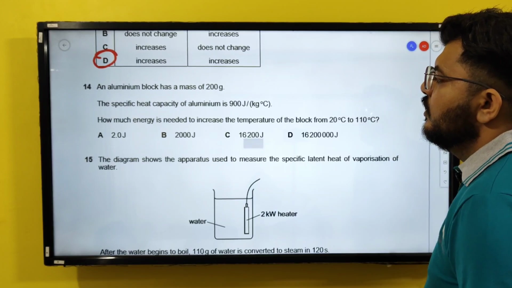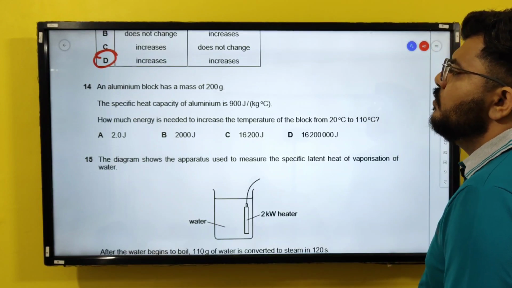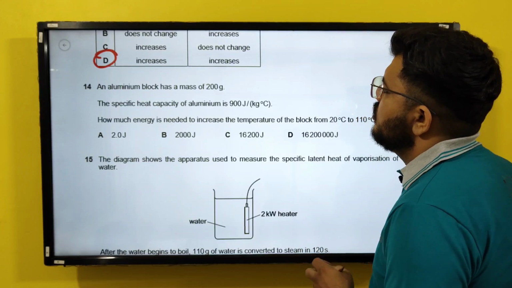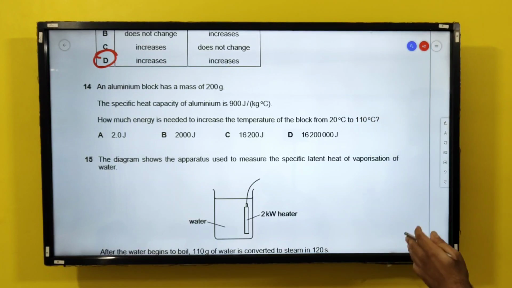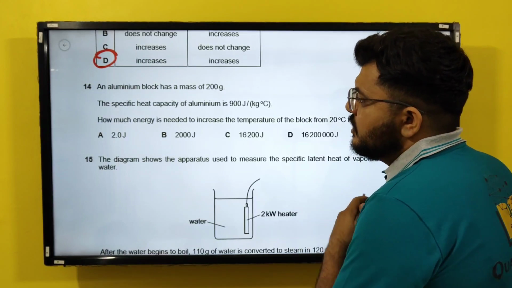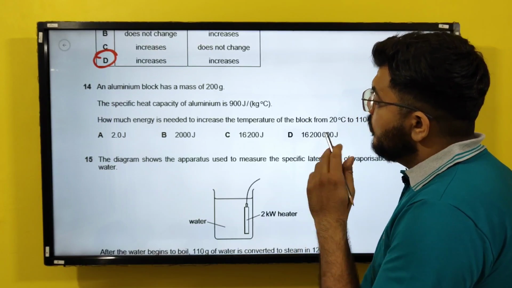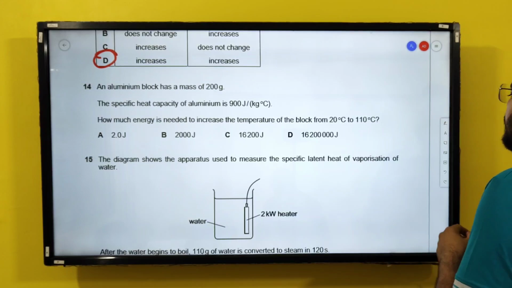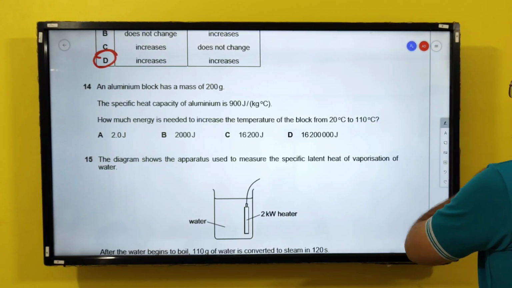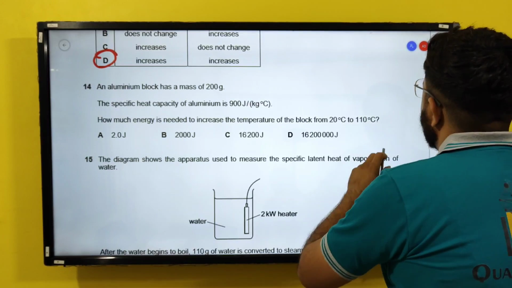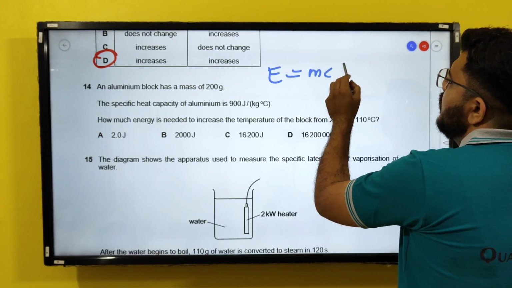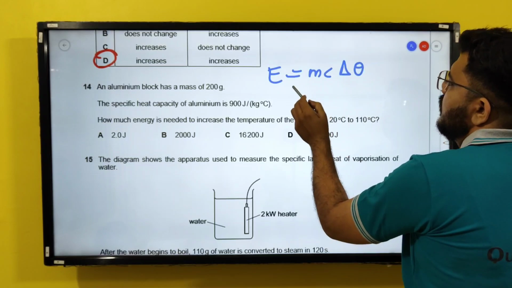Next question, you have question 14. An aluminium block has a mass of 200 gram. The specific heat capacity of aluminium is 900 joule per kilogram degree Celsius. How much energy is needed to increase the temperature of the block from 20 degrees to 110 degrees? We can easily find out by the formula E is equal to mc delta theta, right?